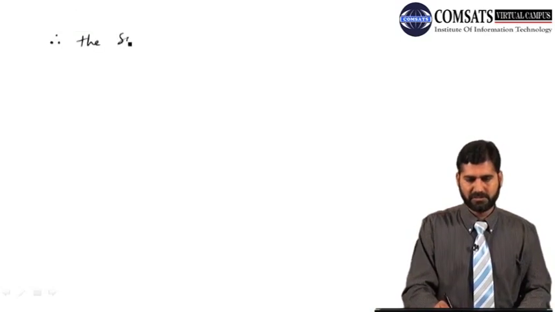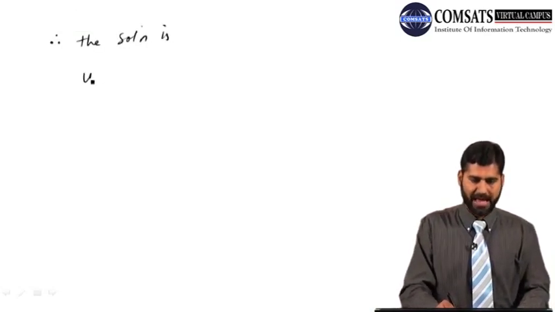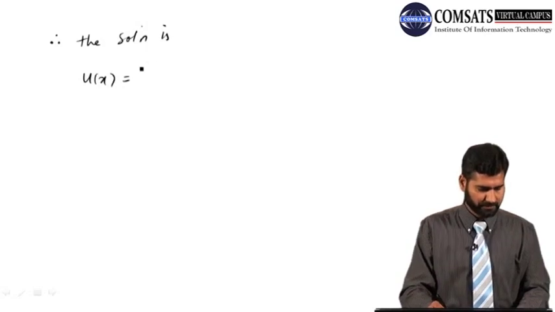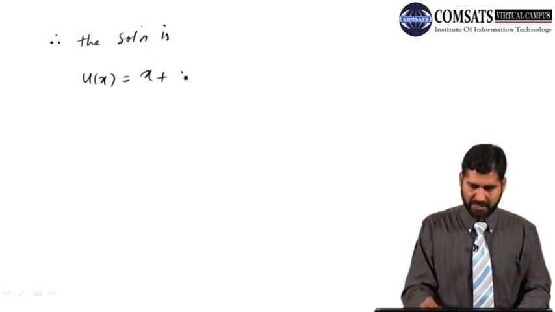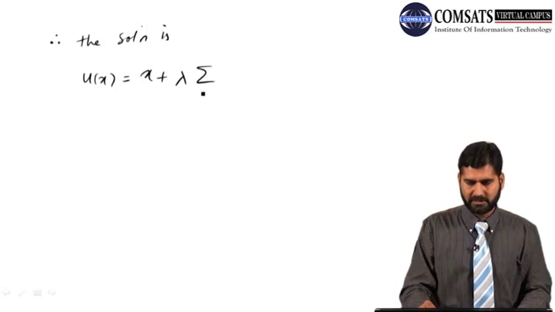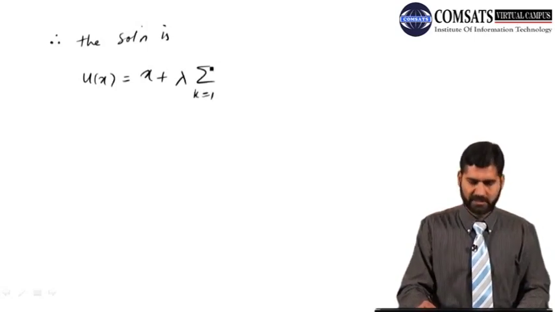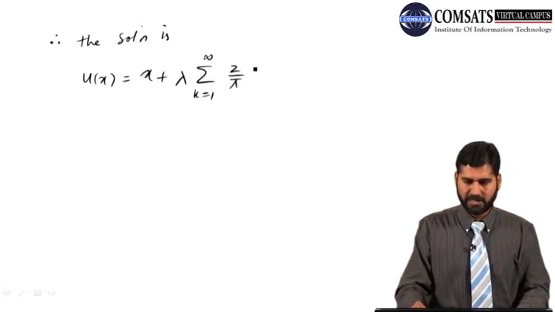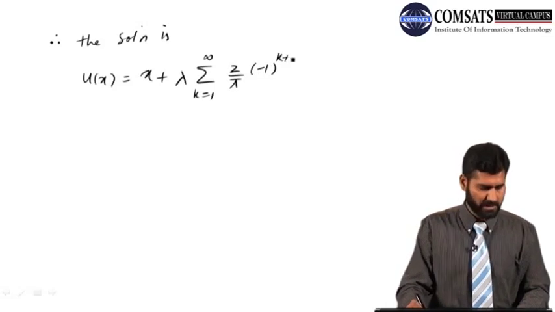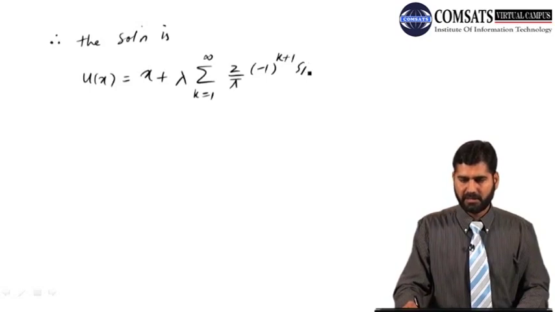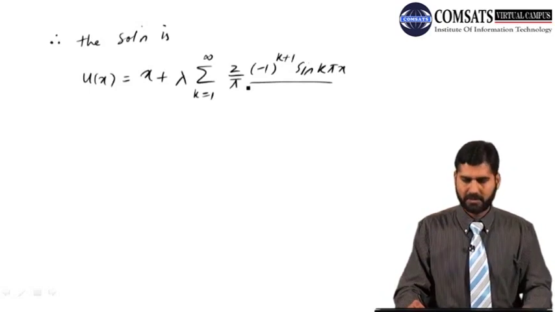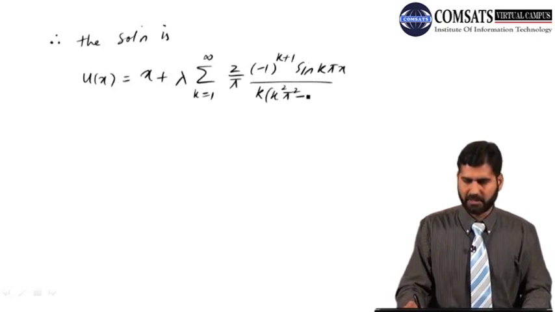the solution is u(x) equal to x plus lambda summation k goes from 1 to infinity of 2 by pi times (minus 1 to the power k plus 1) sine k pi x divided by k times (k square pi square minus lambda).